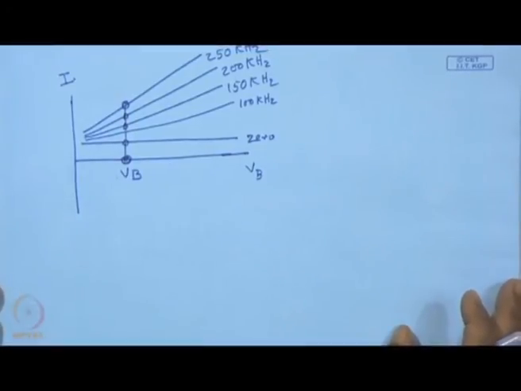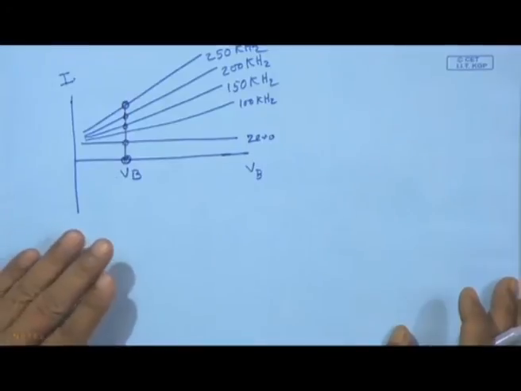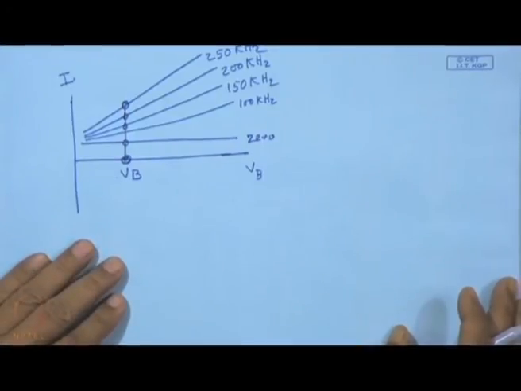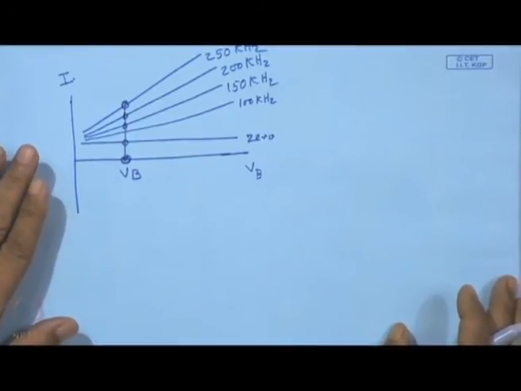The whole idea here is that with a low biasing, we must have proper enhancement of ion current.